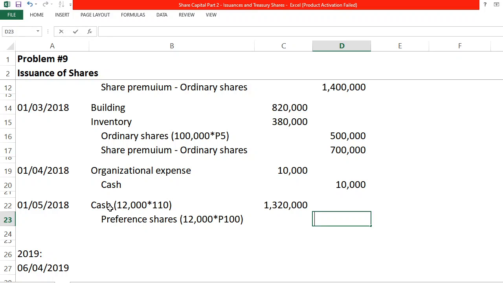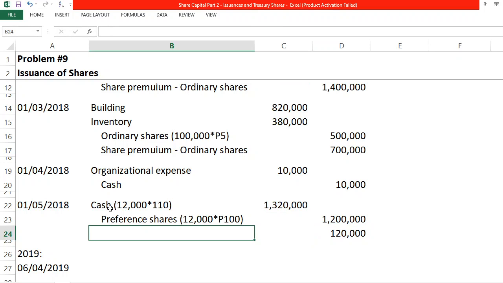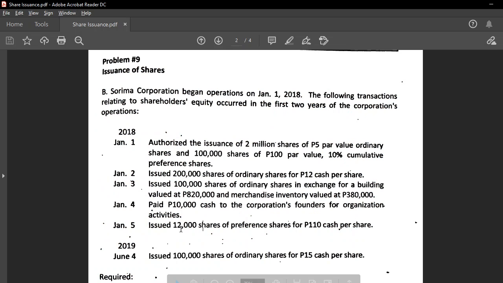So mag-expect na tayo ng share premium, in the amount of 120,000. So that's actually 12,000 times 10 pesos, kasi 110 minus 100. So that's share premium. Ang ikog karon, preference shares. Now, we're done on 2018 transactions.